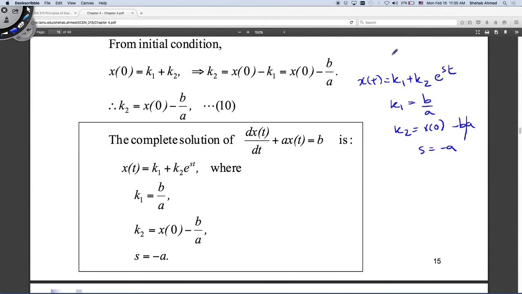This is for the differential equation dx of t by dt plus a x of t equal to b. This is the general form that we have.